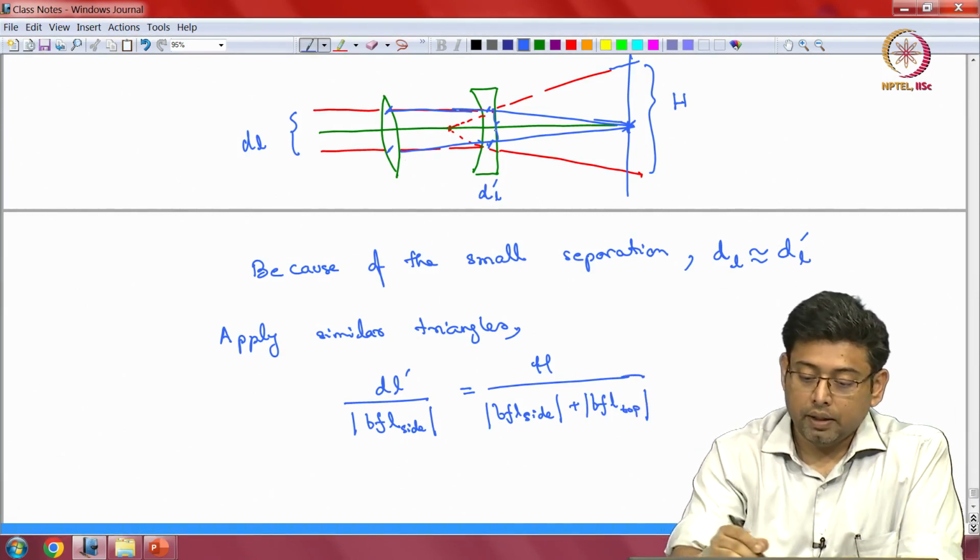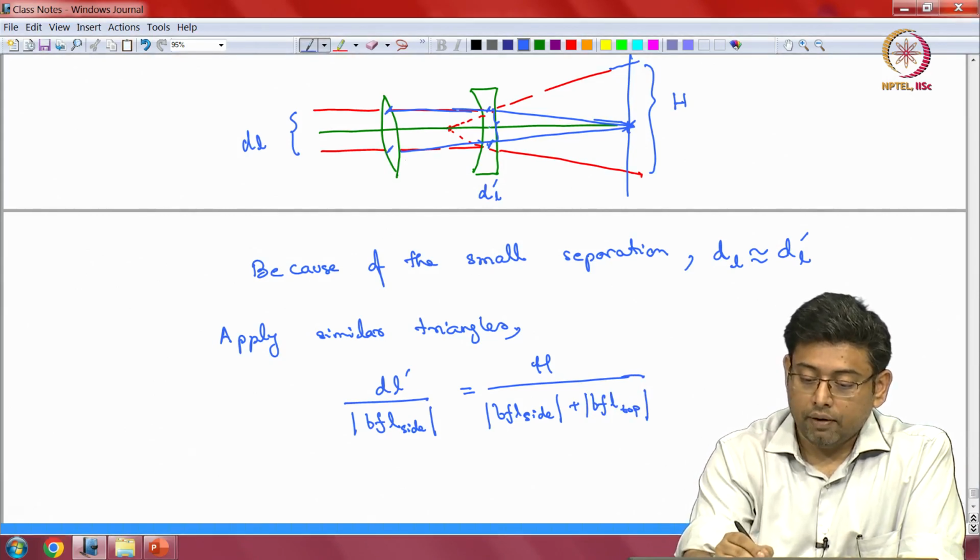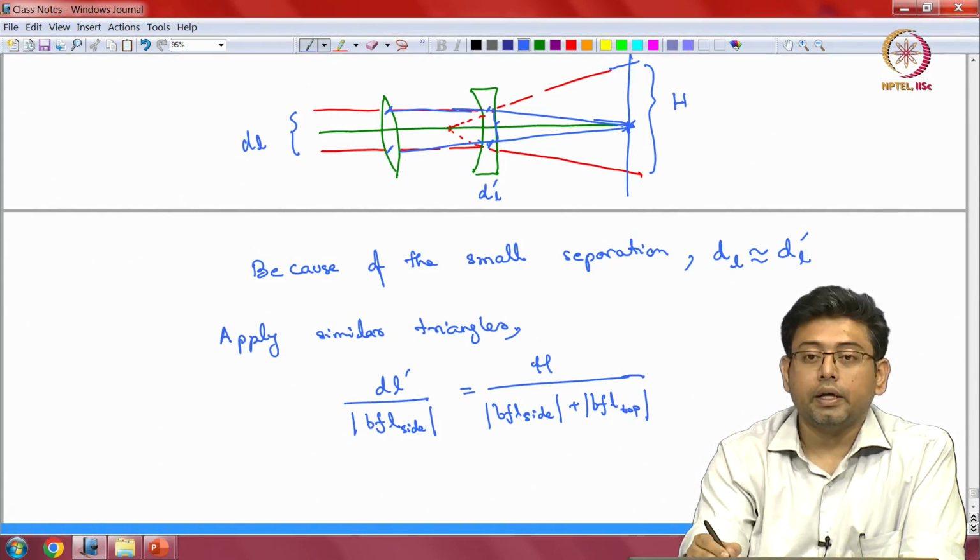So h divided by this total distance, which is this negative distance here and this positive distance 490, right.